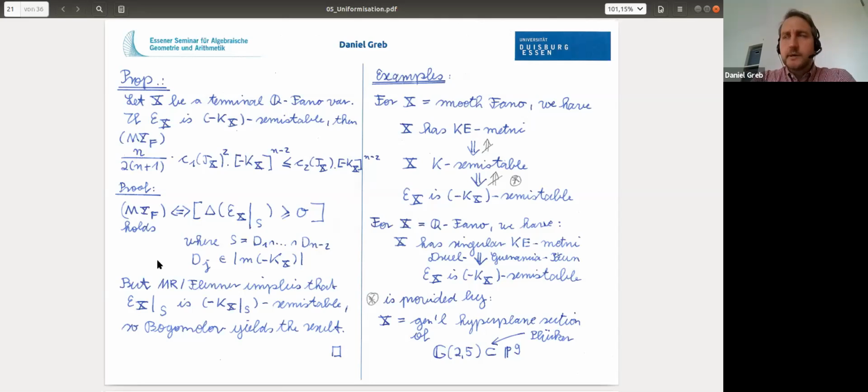And then this has semi-stable canonical extension, but as a variety is not K semi-stable. And in particular, it does not admit a Kähler-Einstein metric.